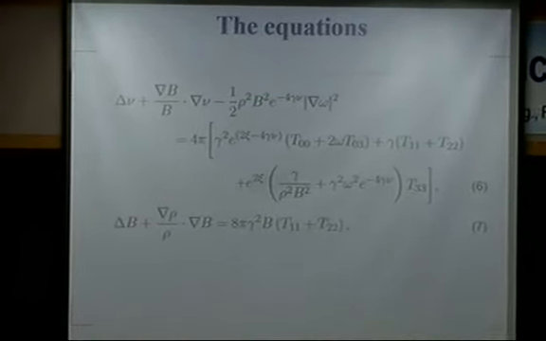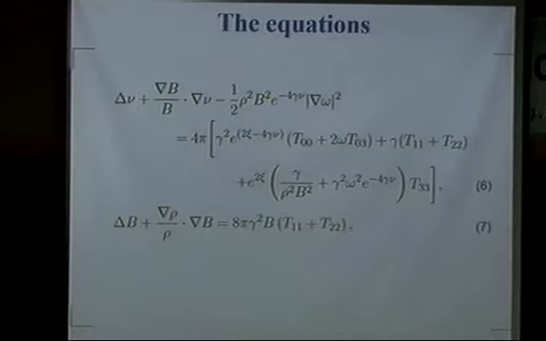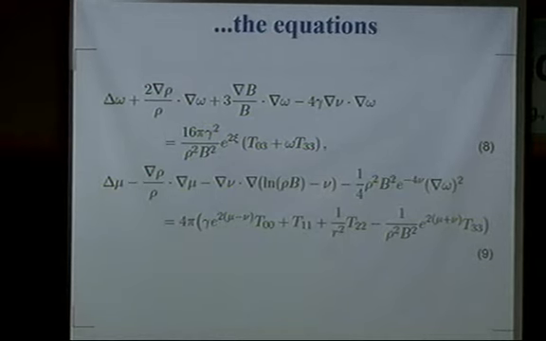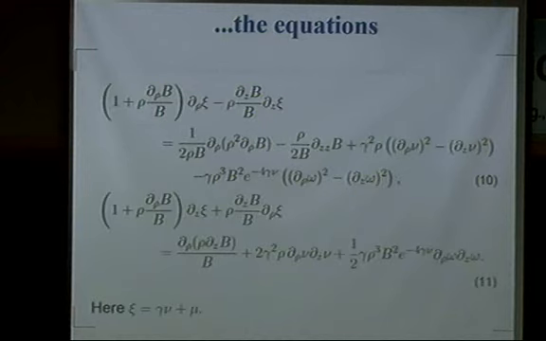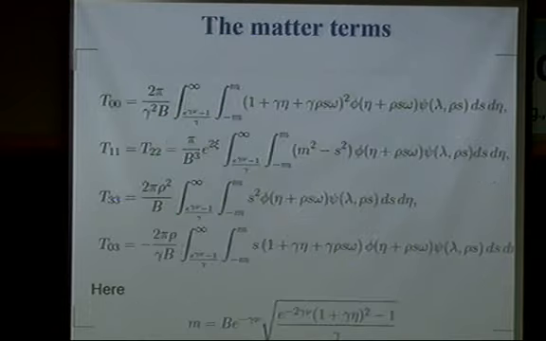And this is the equation for B. And then there is an equation for omega. And then there is an equation for mu. And then if you take psi to be a linear combination of mu and mu, you also get those 2 equations for psi. So this is what you get from Maple. This is what you have to handle. And the matter terms, what do they look like?